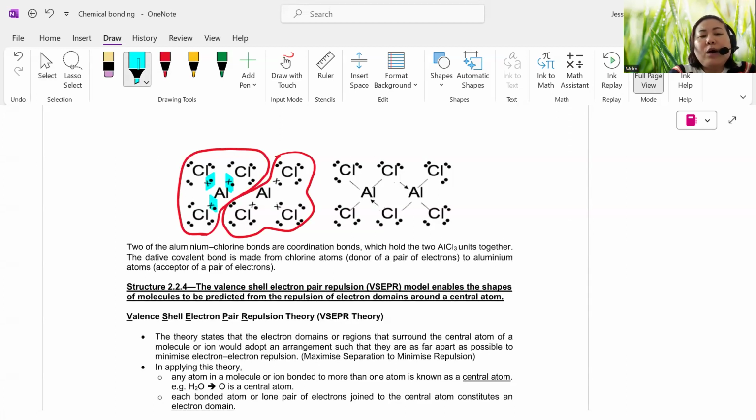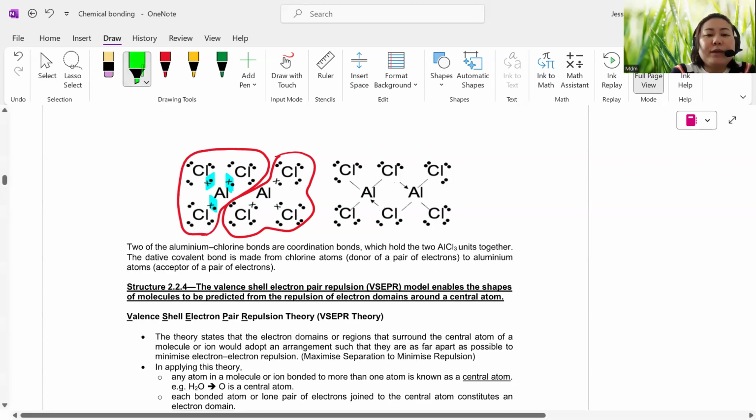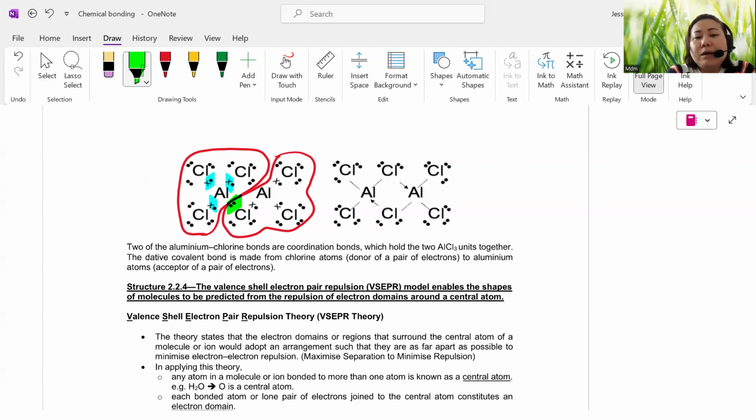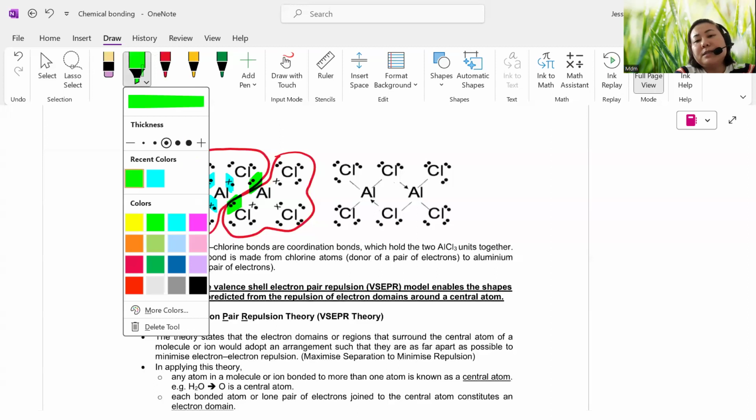So a lone pair on the chlorine atom of another molecule will therefore form a coordination bond with the aluminium of one molecule, and a lone pair on the chlorine atom of the other molecule will form a coordination bond with the aluminium of the other molecule. So it looks like this.